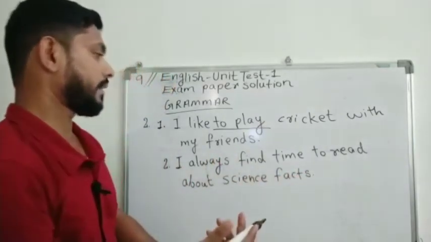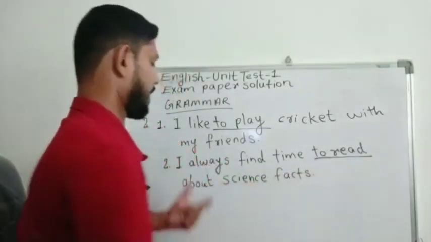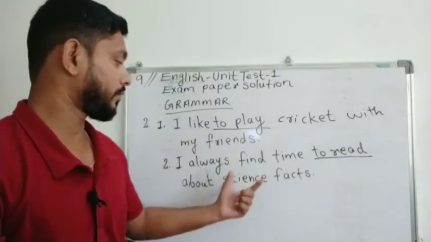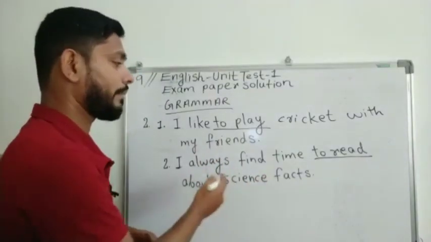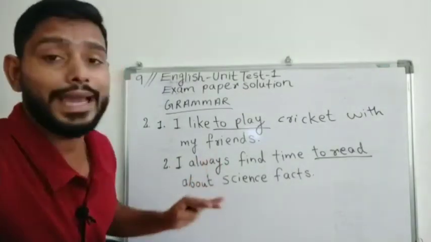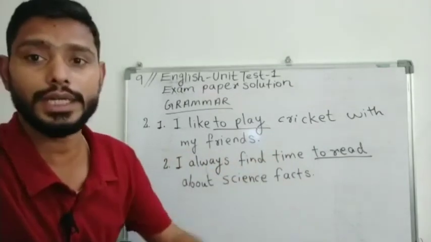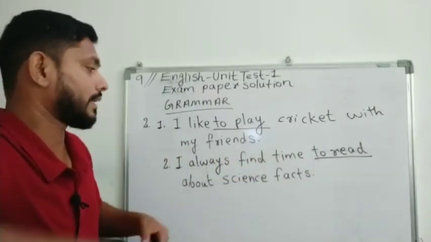Here, what is the infinitive verb we have used? To read. I always find time to read about science facts. I always find some time to read about science facts.